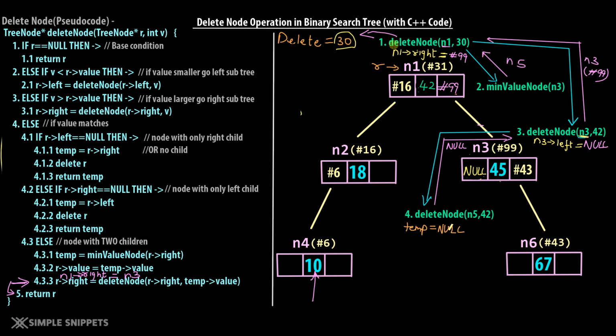Okay, so these were the somewhat complicated steps when it comes to deleting a node which has two children. And the complication was we had to call this extra minimum value node function, which got us the minimum node in the right subtree, and then you have to replace the value and then delete that particular node. So I hope you've understood the entire pseudocode of the delete node operation for a leaf node, for a node with a single child, as well as a node with two children.